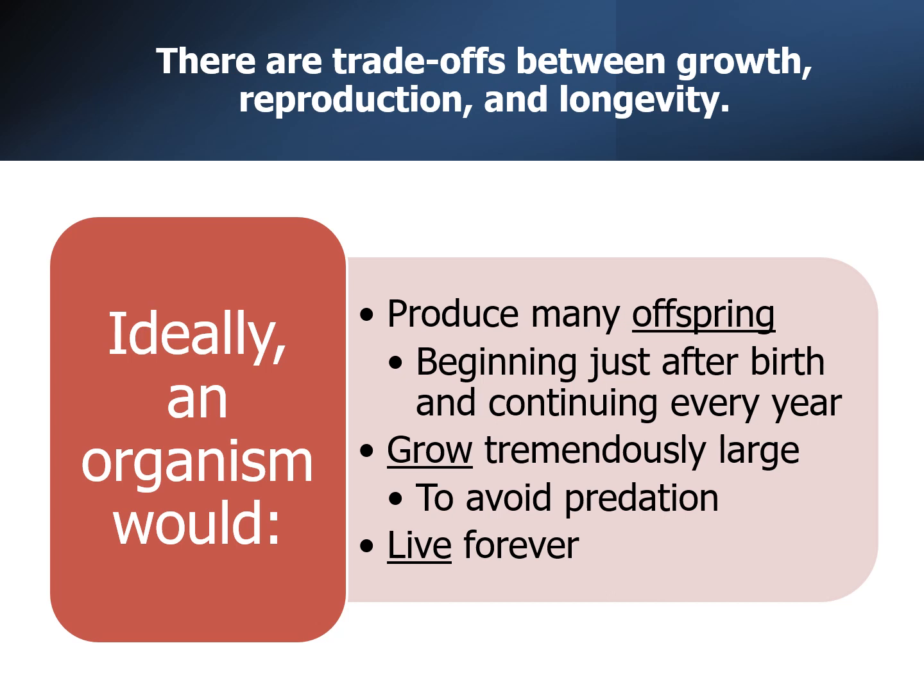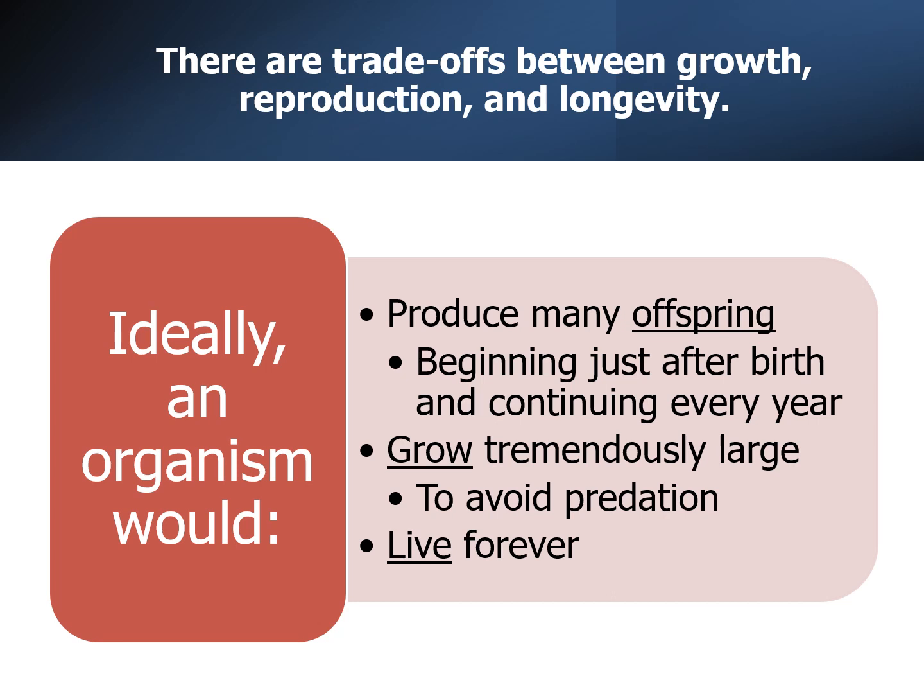So if we consider trade-offs between growth, reproduction, and longevity, we need to keep in mind that evolution is going to function in such a way that it may favor one of those features, but then it will adversely affect one of the other features.